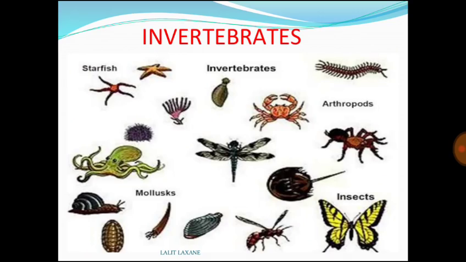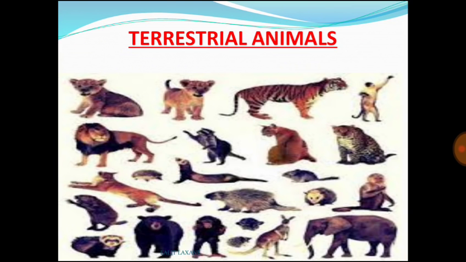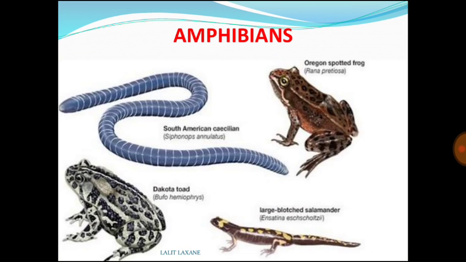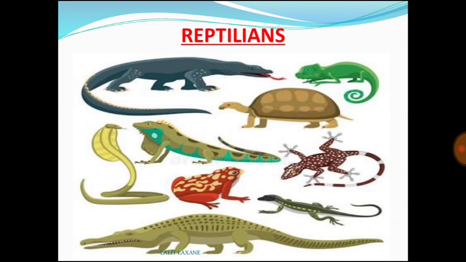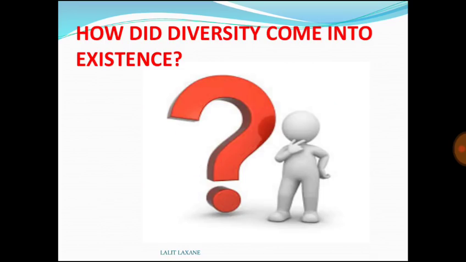This world is full of a variety of animals: aquatic, terrestrial, amphibians, reptiles, aerials, etc. These observations give rise to the question: how did this great diversity come into being?